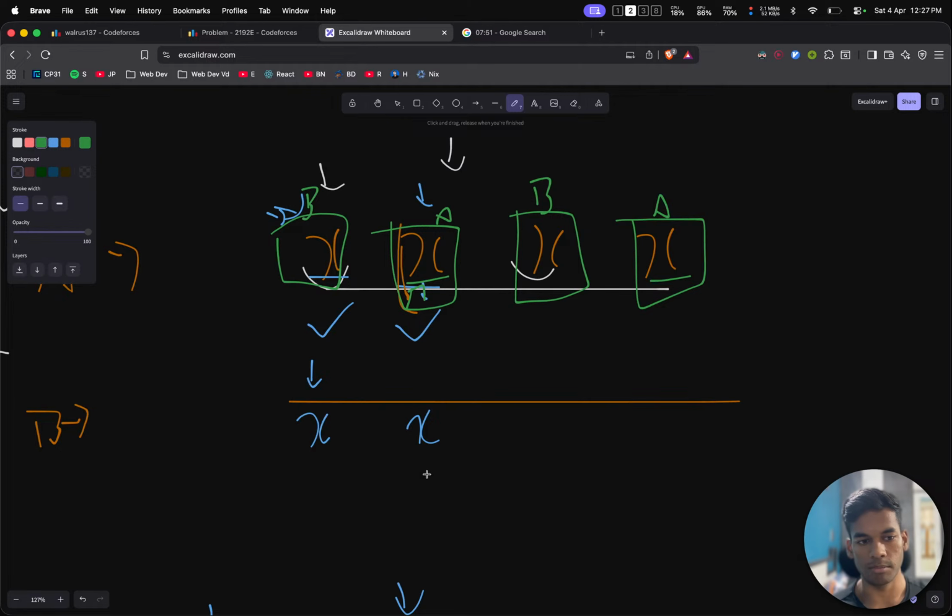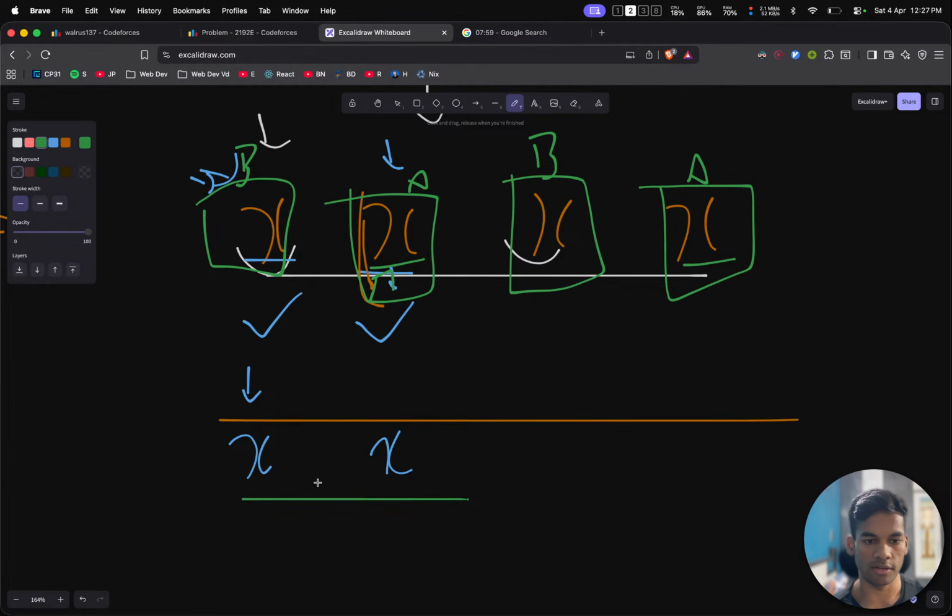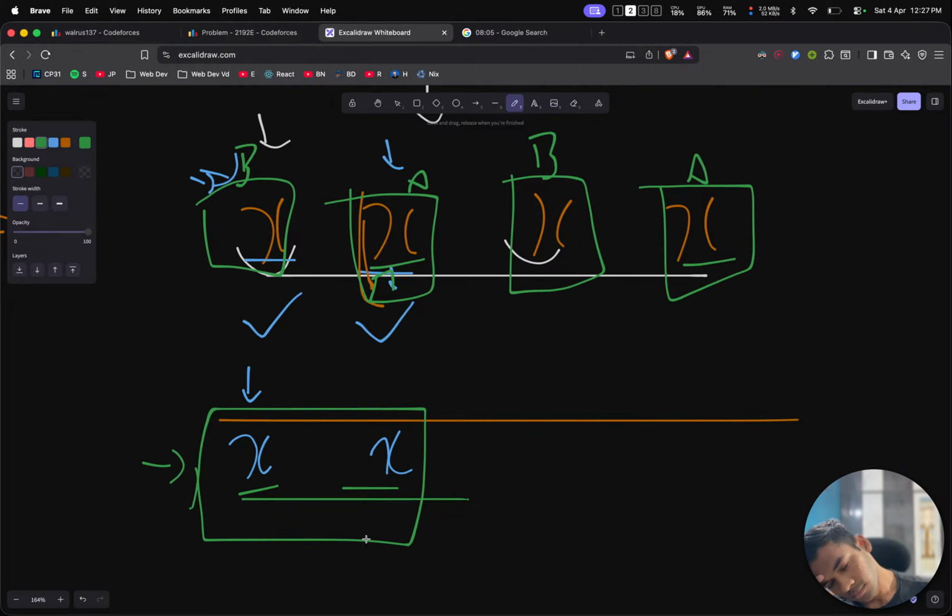They can be in B together or together in A. But if we are randomly making our choices and we made this choice early on, this would never work because this breaks other things.